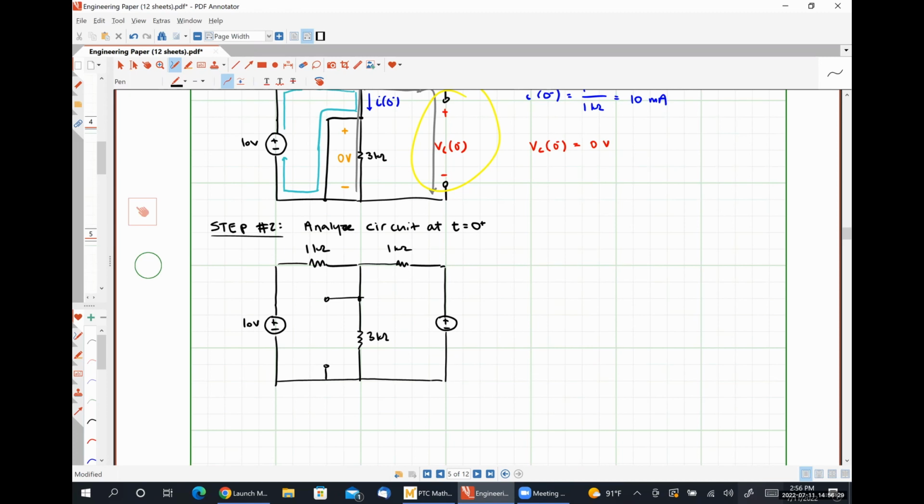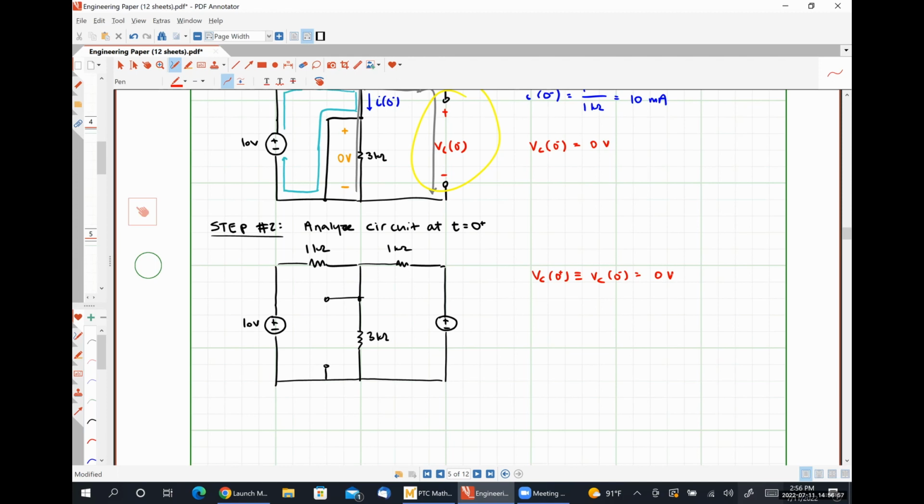Because we have a 0 volt, let me write this down here. VC at 0 plus must be equal to VC at 0 minus, which in this case is 0 volts. A 0 volt voltage source is a short circuit, right?